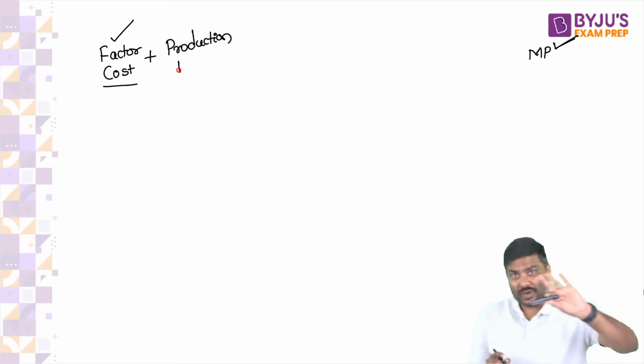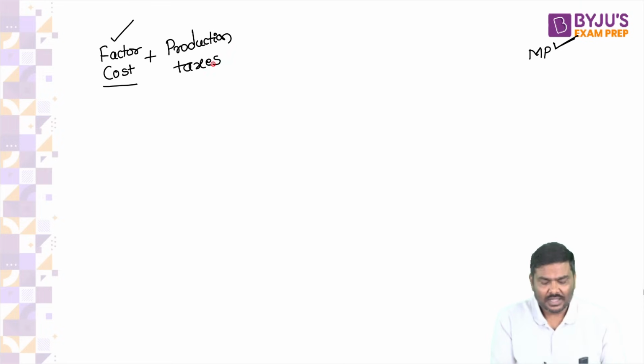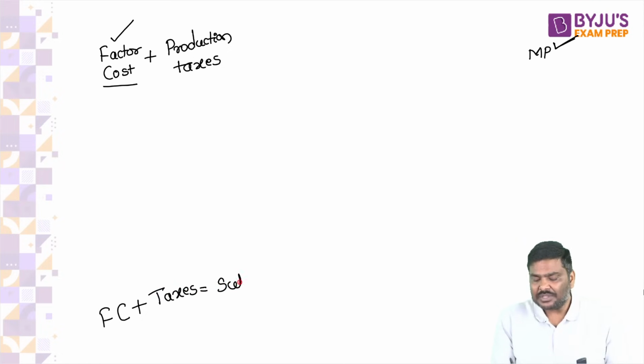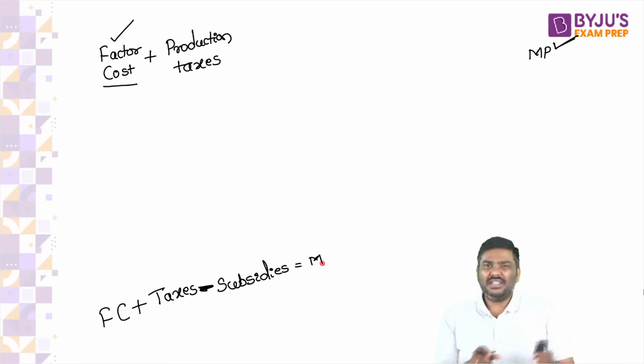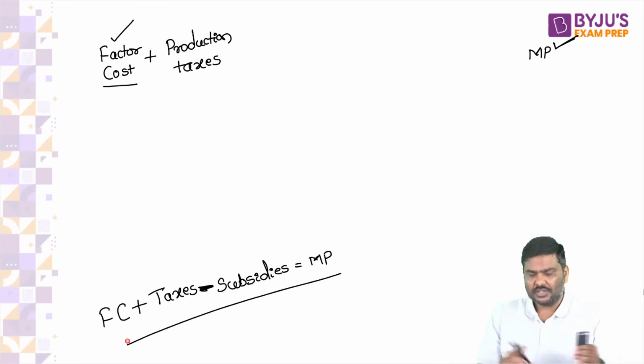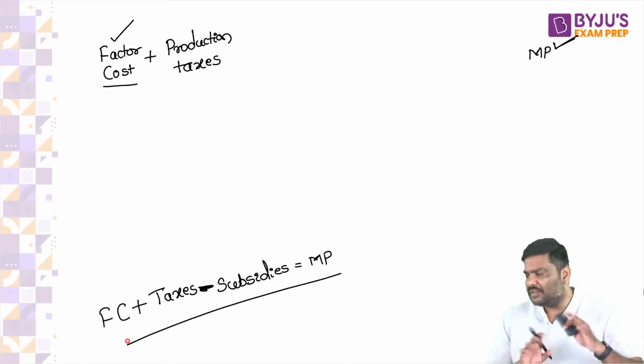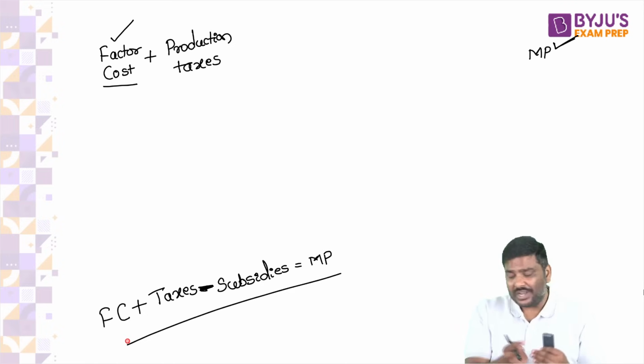Earlier I've given one formula. I hope you remember it. The earlier formula was factor cost plus taxes minus subsidies is equal to market price. But this is a very simple formula. It is not technically correct. How do they actually calculate?